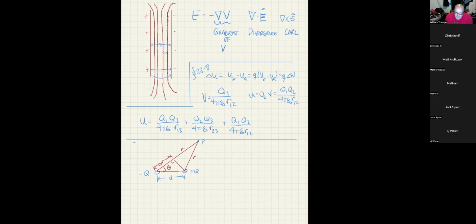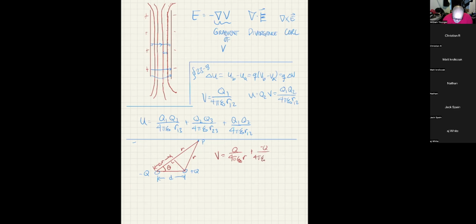Okay. So if I want to calculate the electric potential at P due to this, what I'm going to do is say V is equal to positive Q over 4 pi epsilon naught times R plus negative Q over 4 pi epsilon naught.